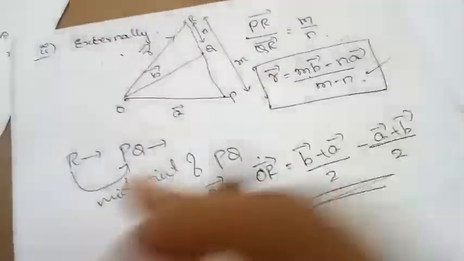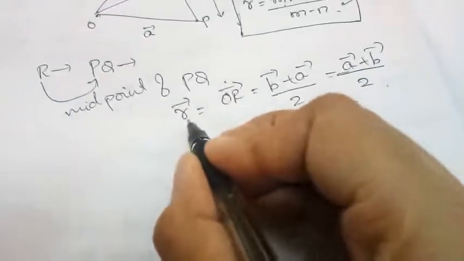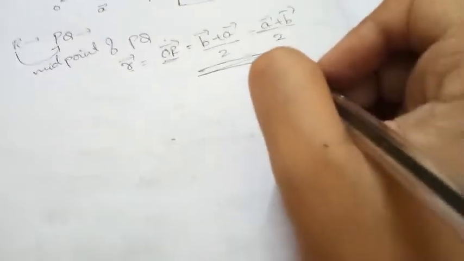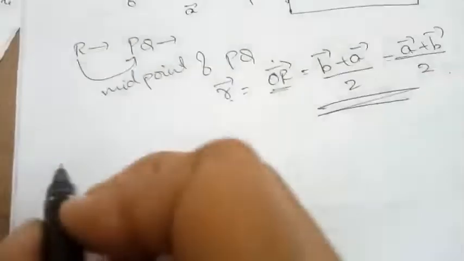This is when R is the midpoint of the line segment PQ, and the position vector OR is vector A plus vector B divided by 2.